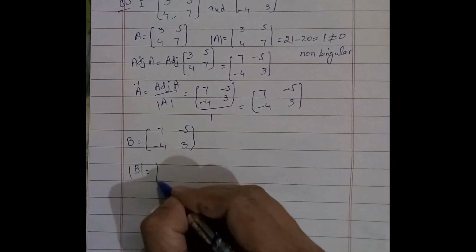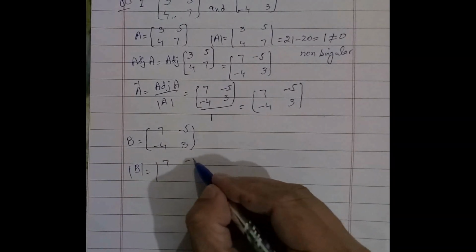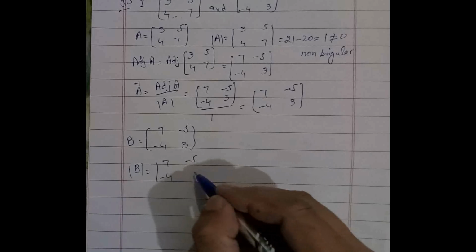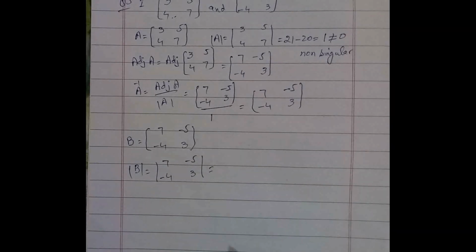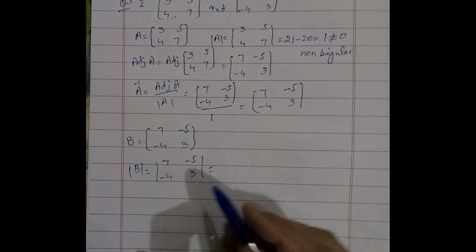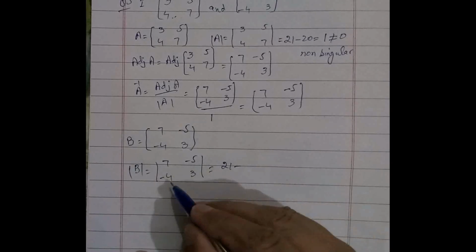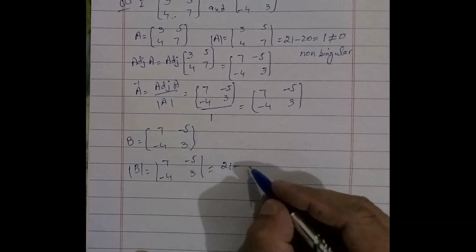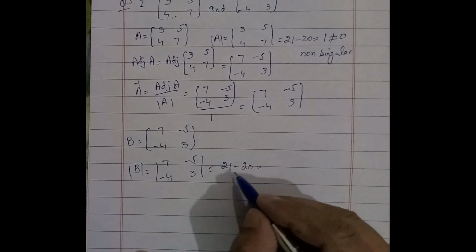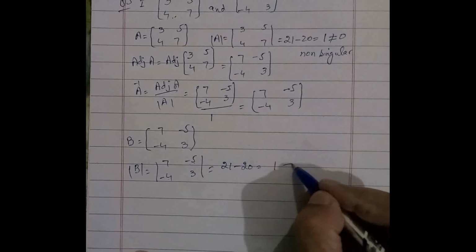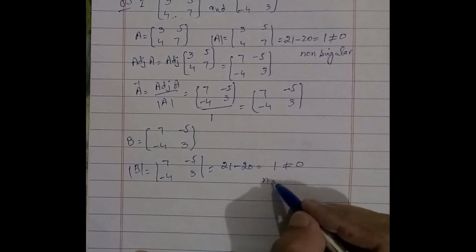The determinant of B is 7 3s are 21, minus 4 multiplied by minus 5 is equal to plus 20. 21 minus 20 is equal to 1, which is not equal to 0, so it is non-singular.